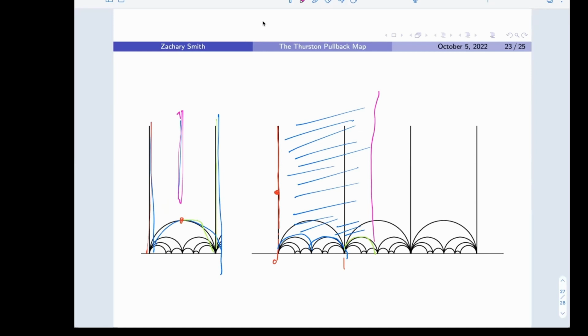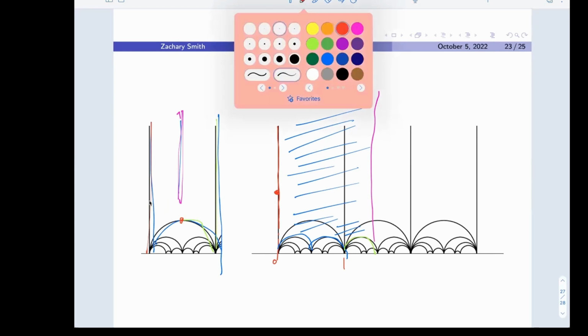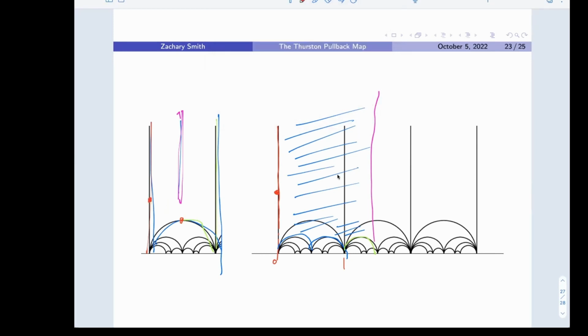The one thing I'll mention here is, since the action on this fundamental domain determines my pullback map on Teichmüller space, we can imagine any other cusp here as a cusp on the corner of some translate of this fundamental domain, with respect to the group of liftables.